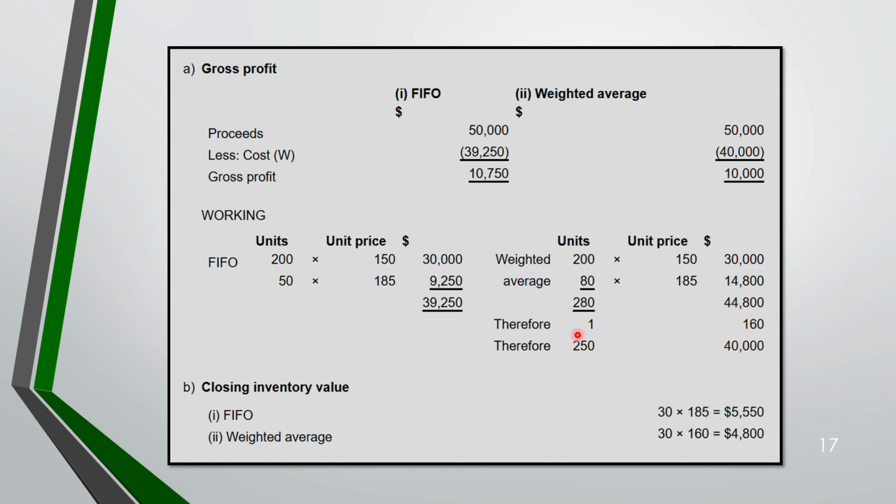And what amount are you selling? 250. So that 250 into 160 is 40,000, and that 160 is again used here into 30 because the total is 280, you are selling 250, balance is 30 that is remaining. Only the price is different. Okay, quantity remains the same.